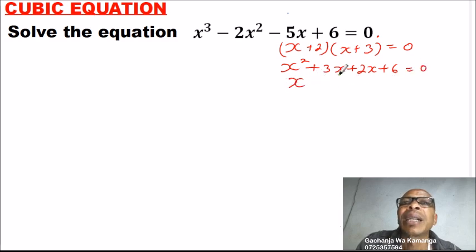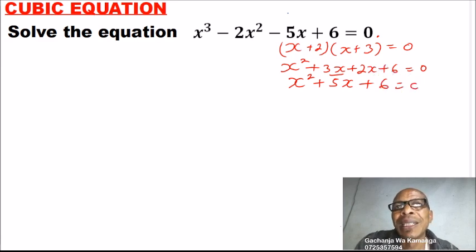Putting the like terms together, we have x squared plus 5x plus 6 is equal to 0. What you need to note here is that 2 multiplied by 3, the product is 6, which is the constant.